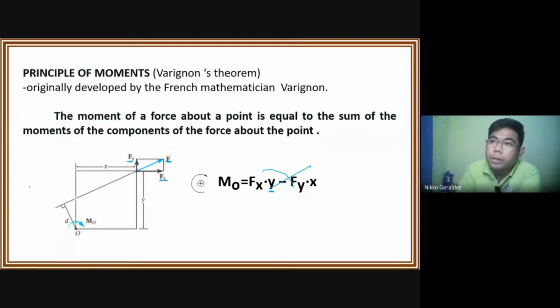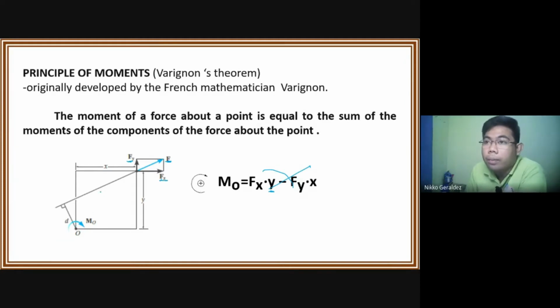Ang sinasabi lang sa principle of moments, kung kukunin mo yung moment ng isang force, pwede mong kunin muna yung x and y components, then kukunin mo yung moments ng bawat component. Minsan kasi, mahirap kunin or mahirap i-compute yung perpendicular distance ng force F at ng moment center.